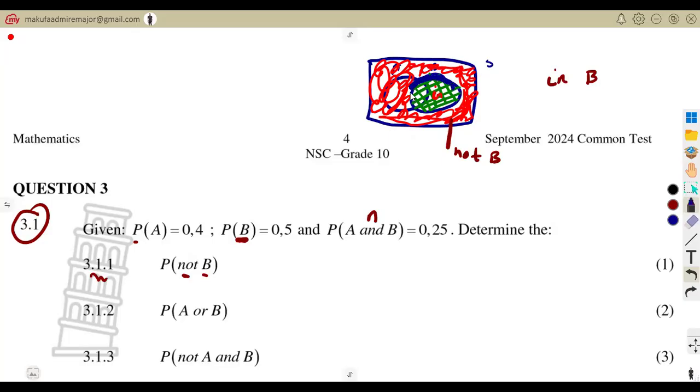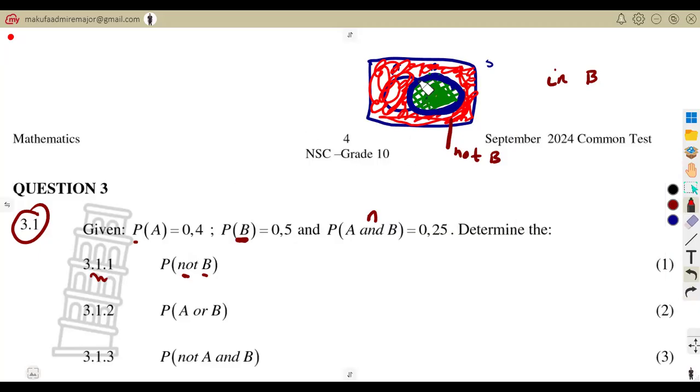This one, what is in B and what is not in B? What is it that it tells you? By having this, as you can see, guys, they're sharing two things here. We've got two things in this whole diagram: this part of B and this part that we are saying is not B.